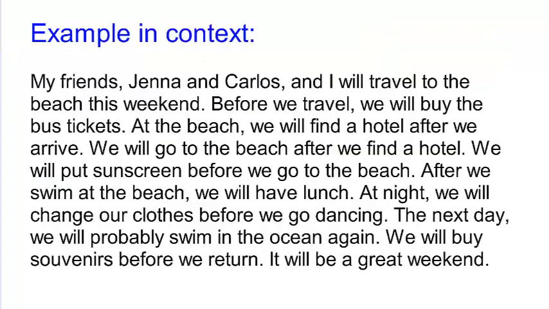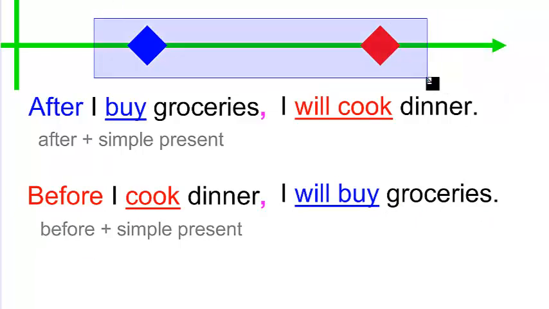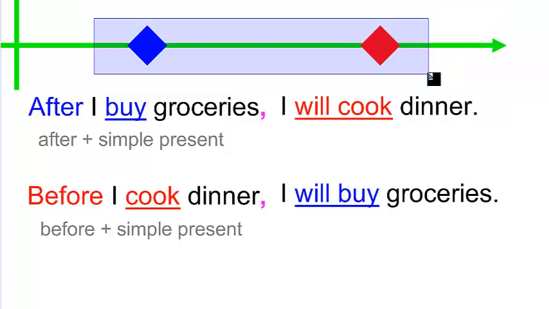Okay, let's remember. After I buy the groceries, I will cook dinner. Before I cook dinner, I will buy groceries. In both cases, I have 2 events, and I am organizing them according to what I want to say.